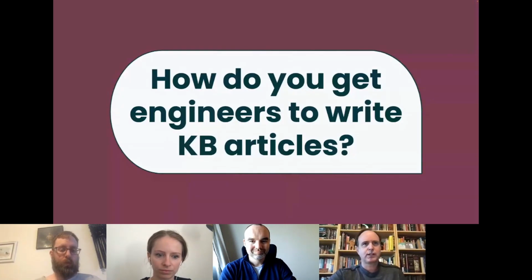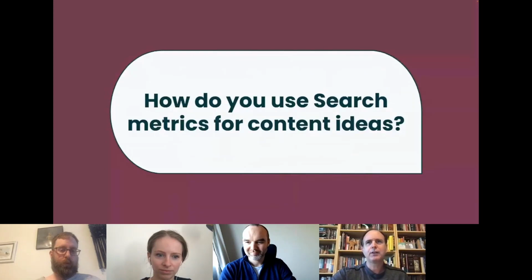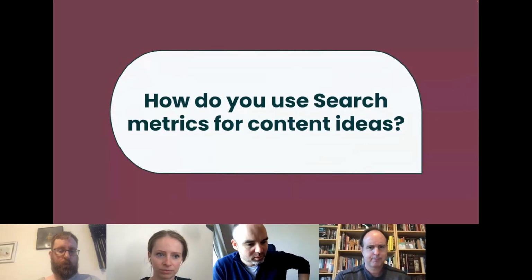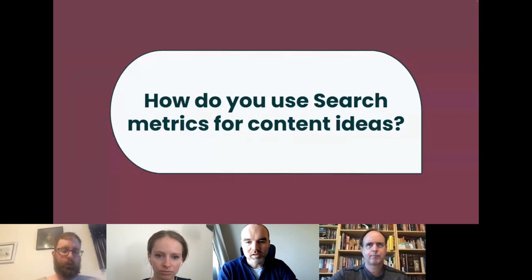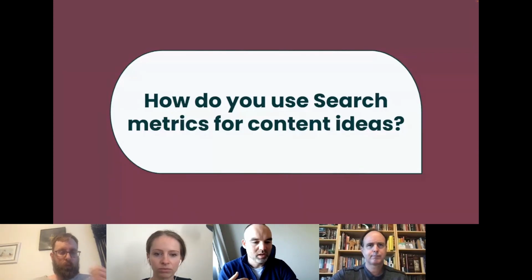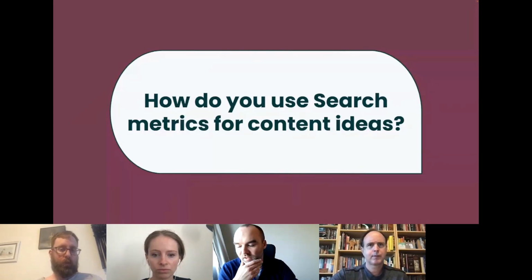All right, next question. How do you use search metrics for content ideas? Yeah, I can answer that one. Because our site is public, we have two options. We can use the search data set in Explore, and we can also examine the Search Console from Google. We focus for now on the data set in Explore.